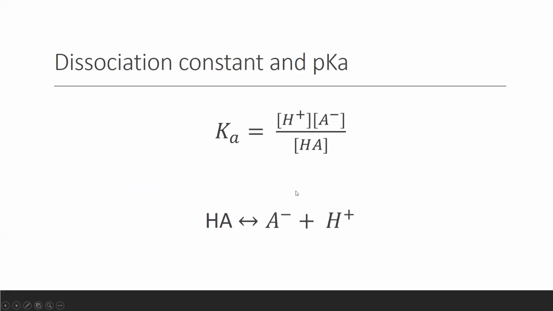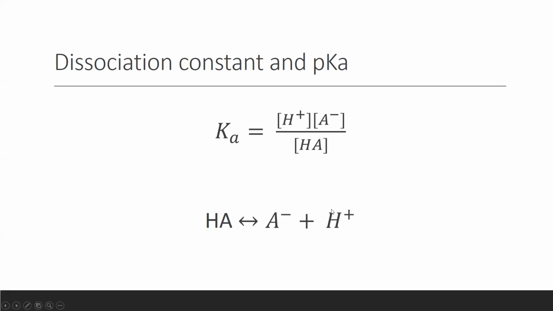So this is the equilibrium constant for a particular acid that is a weak acid, so the reaction can progress in this direction or progress backwards in this direction. And all this says is the concentration of the products divided by the concentration of the reactant is going to be sitting at equilibrium.